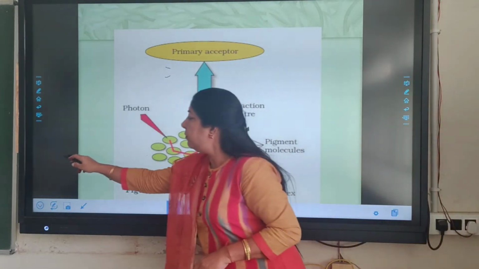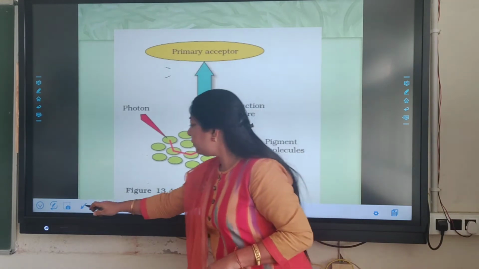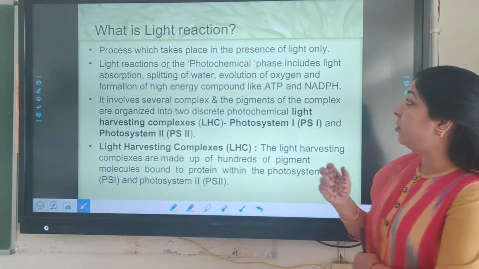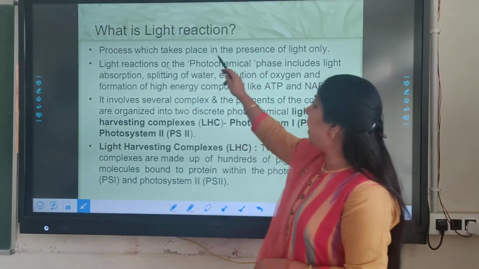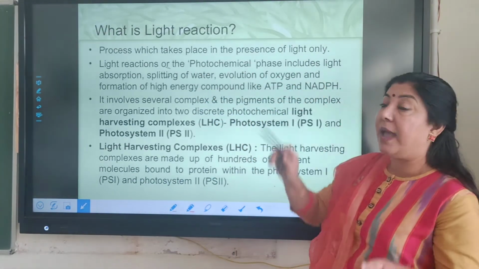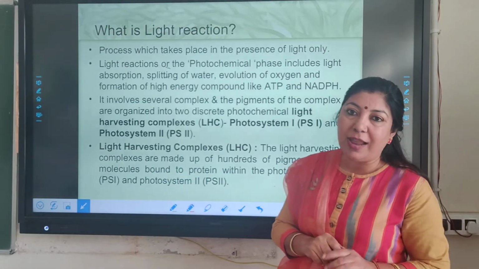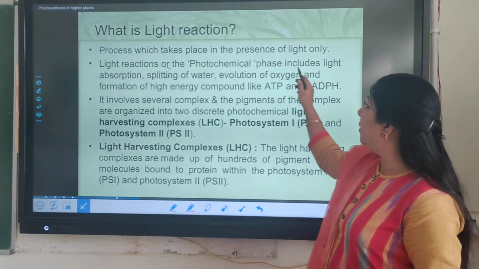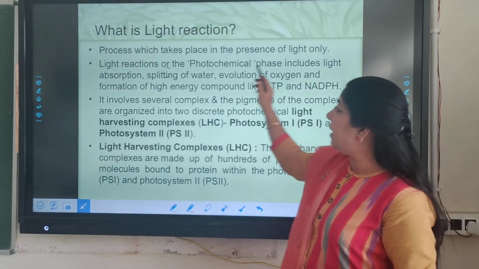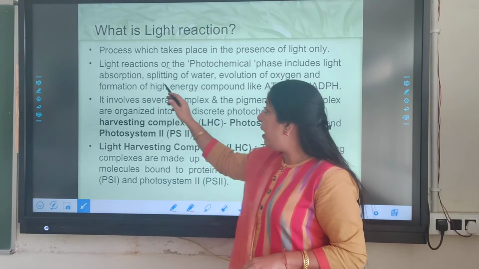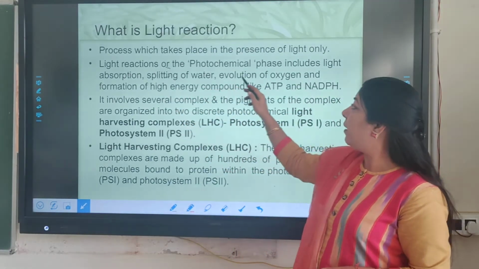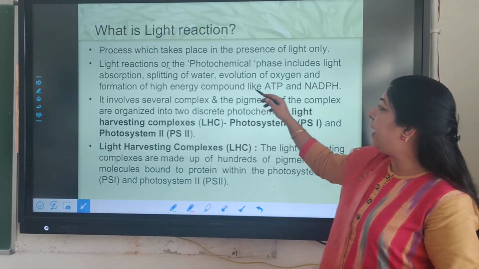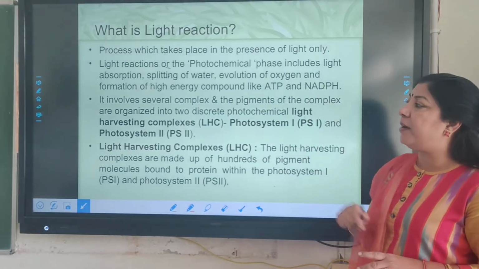Okay, so let's come back to the previous one. So what is light reaction? The processes which take place in the presence of light only are called light reactions. And light reactions or the photochemical reactions include light absorption, splitting of water, evolution of oxygen, and formation of high energy compounds like ATP and NADPH.